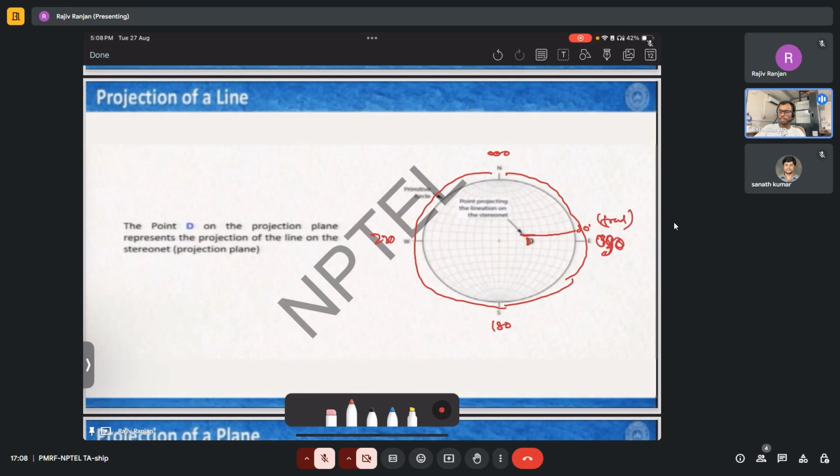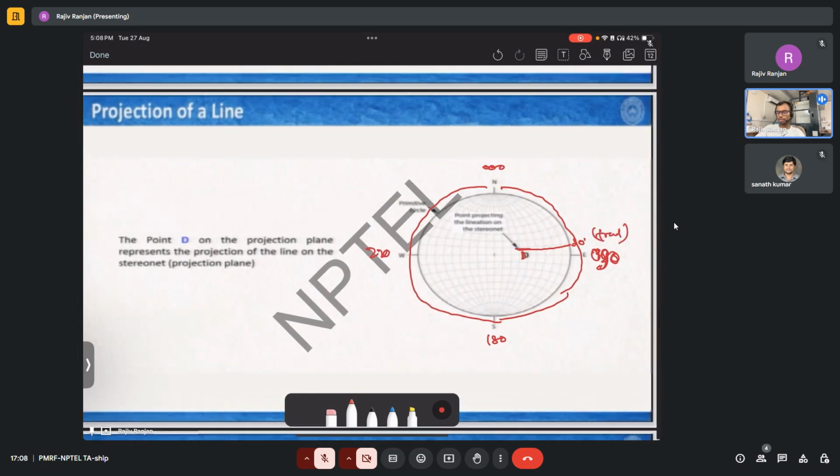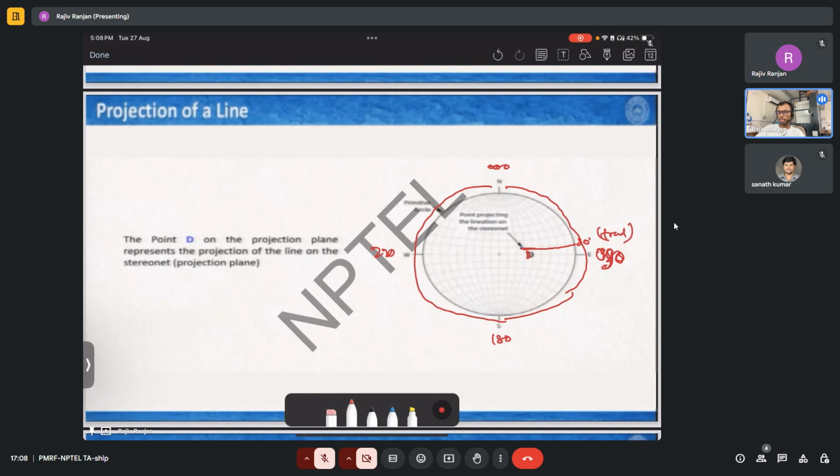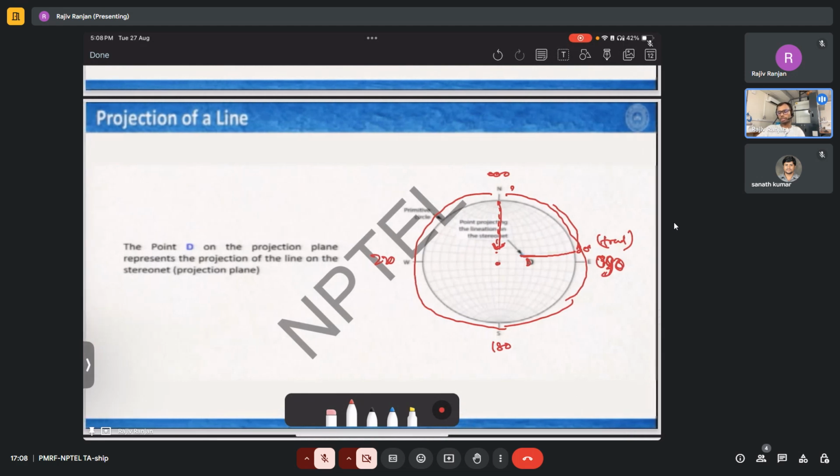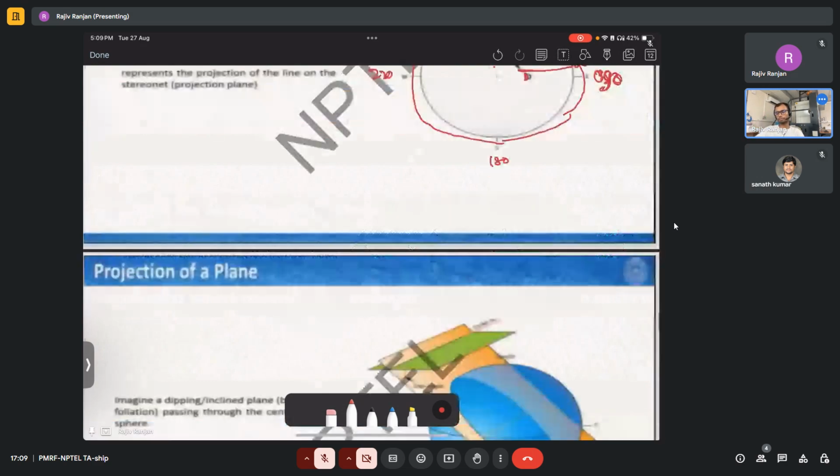To measure the plunge, we take this point to the north and then measure 10, 20, 30, 40, 50, 60, 70, 80. The amount of degrees from here to here will be the plunge. Since it is very close to the center, the plunge amount will be high.